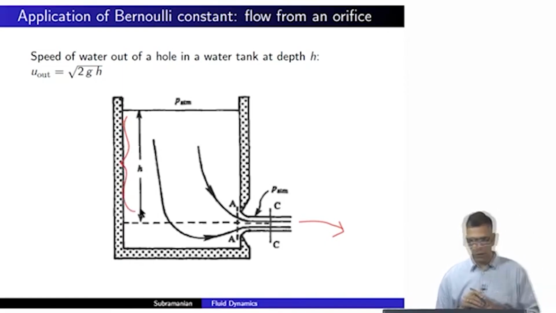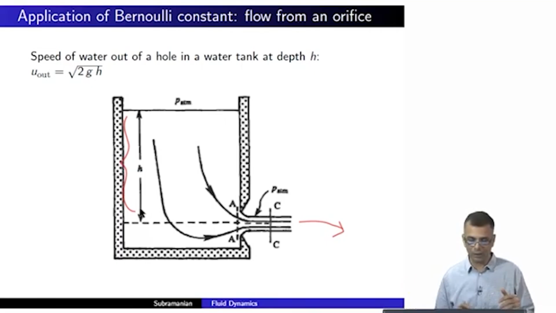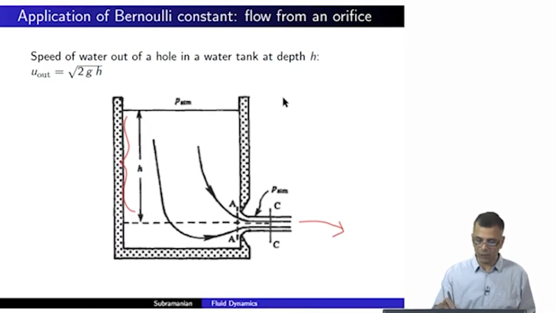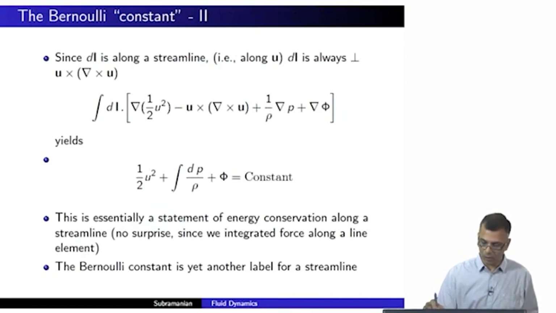So it turns out that you can solve this problem quite simply. The assumption now is that the container is so small, and pretty much any container in real life satisfies this condition, that there is really no difference in pressure between the top of the container and the orifice. So it's P atmospheric here as well as here. Therefore, this term does not matter anymore.